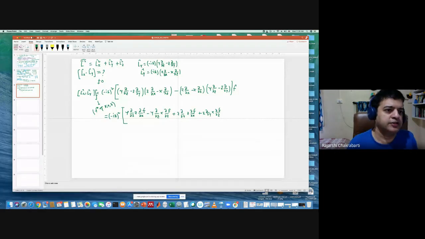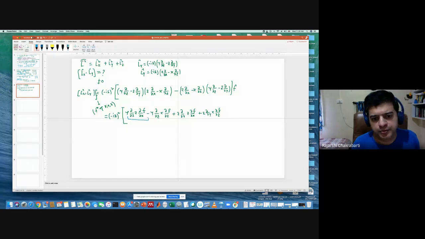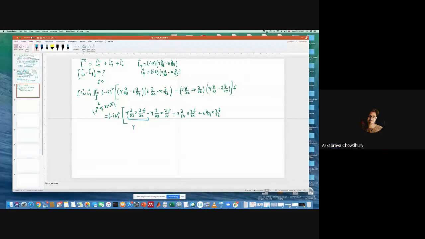Now what about the first term? Tell me. I am doing it because it is very important. Once I do it, you know how to do this operator thing. What about this term? Look at it. I have a derivative with respect to z, and that will operate on the whole thing, z into del f del x, isn't it? So this will give me y.